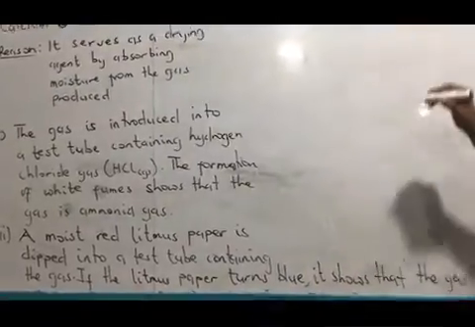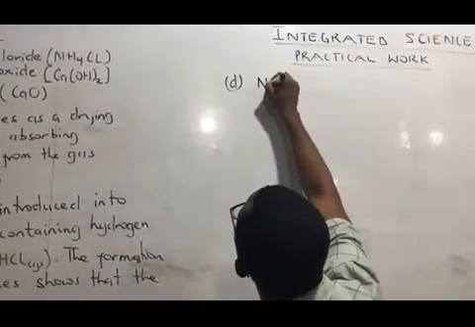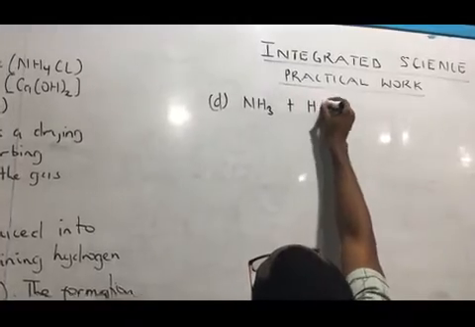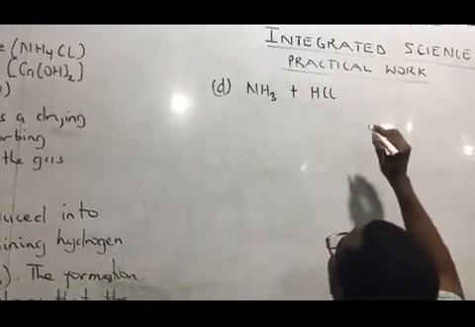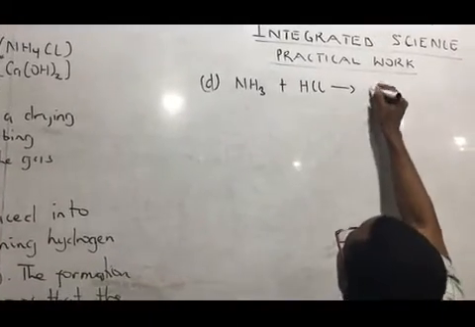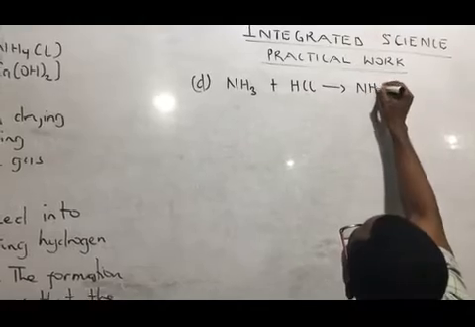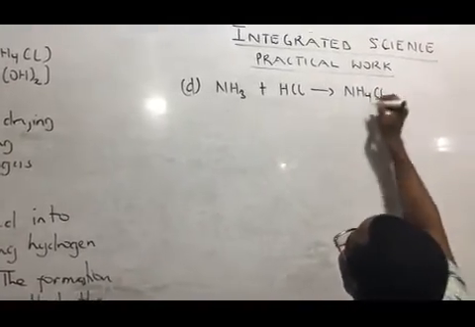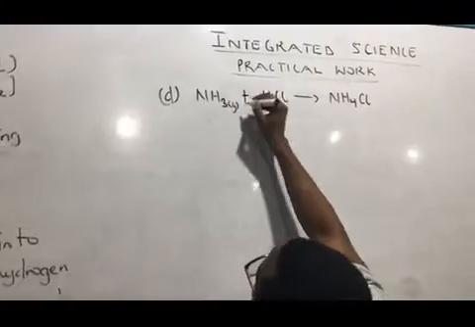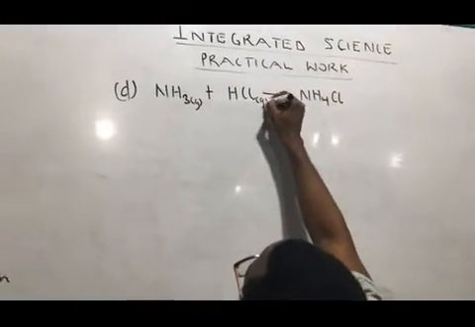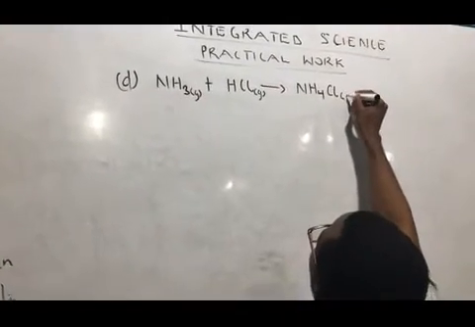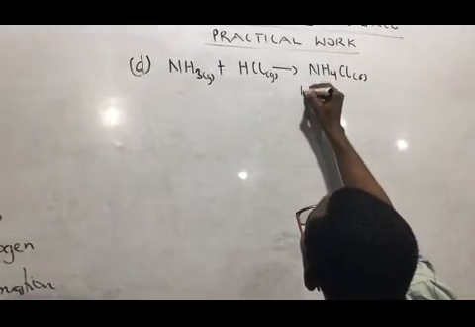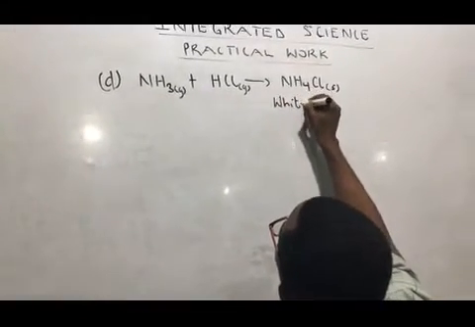So the reaction between the ammonia gas and the hydrogen chloride gas forms ammonium chloride. Ammonium chloride. And this is responsible for the white fumes.